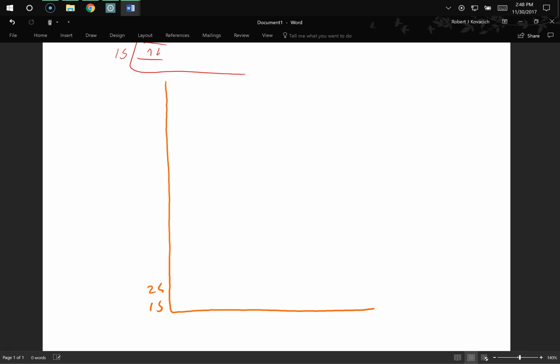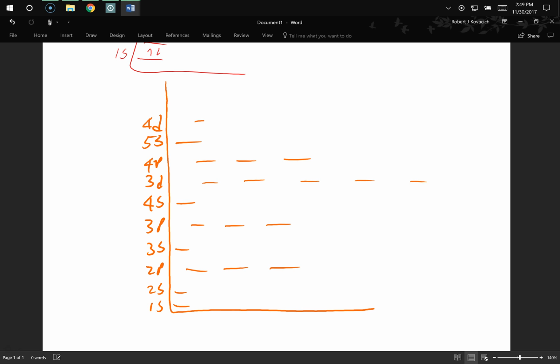1s, 2s, 2p, 3s, 3p, 4s, 3d, 4p, 5s, 4d. All right, so 1 orbital, 1 orbital, 3 orbitals, 3 orbitals, 3 orbitals, 5, 5.